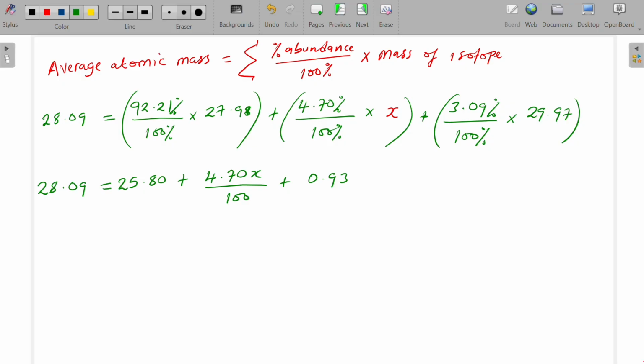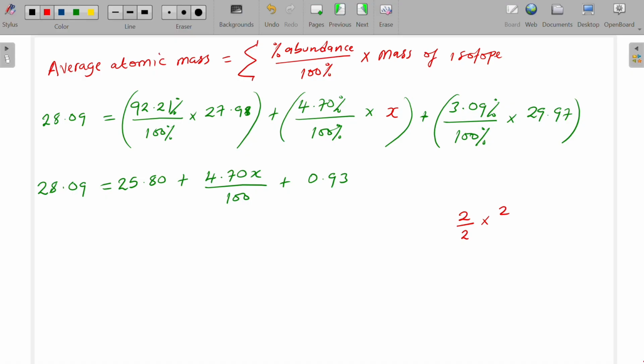So this is what we have. Now, since we have this, let's collect our like terms. But if you are confused on how we came up with this part here, what we have here is 4.70 divided by 100 multiplied by x. This is the same as, let's say you have 2 over 2 multiplied by 2.